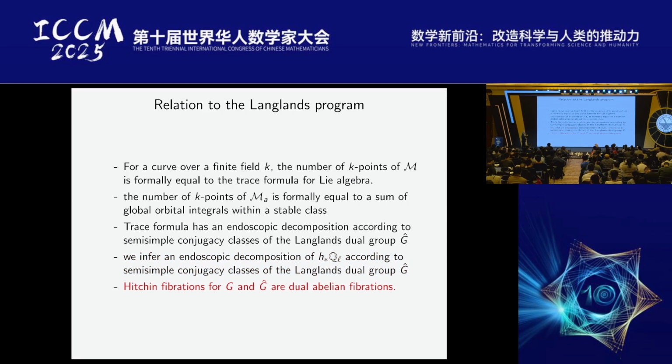So for Hitchin fibrations, there are really two important questions. One is the endoscopic structures from the automorphic point of view, and the other is dualities. For the Hitchin fibration there is a very, very neat and beautiful duality between the Hitchin fibration for G and for G dual. It's just perfect duality.